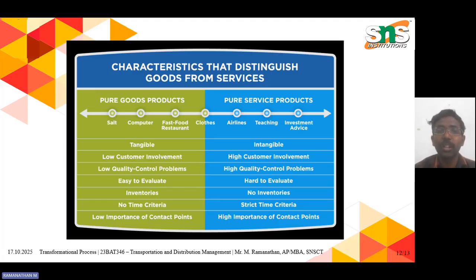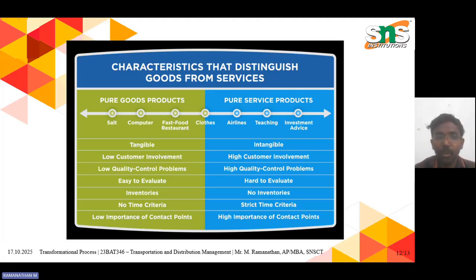Most of the inventories are not involved in service industries. There is no time criterion for goods, but for services there is a strict time criterion, because service is priced based on time constraints. Services always focus on, or are strictly bound to, time.